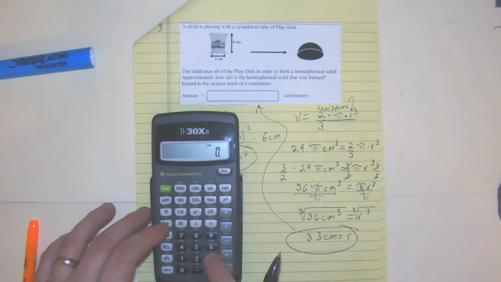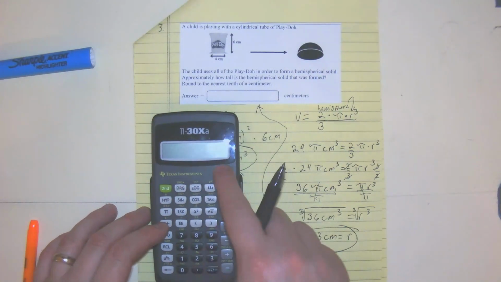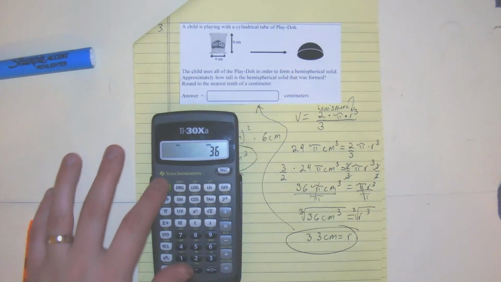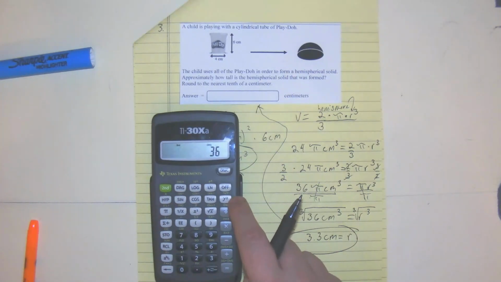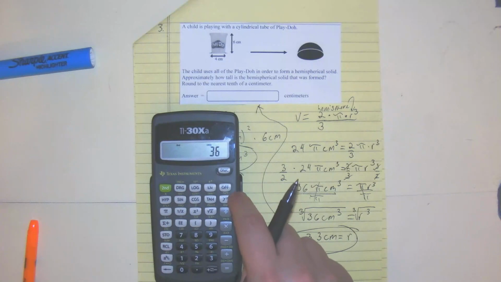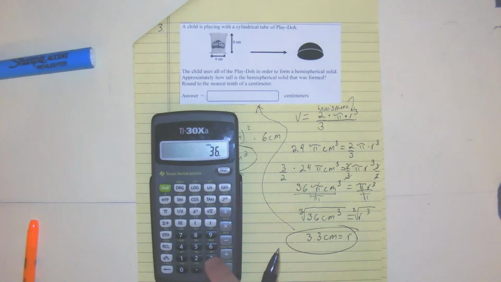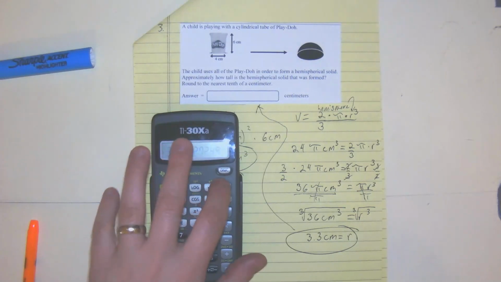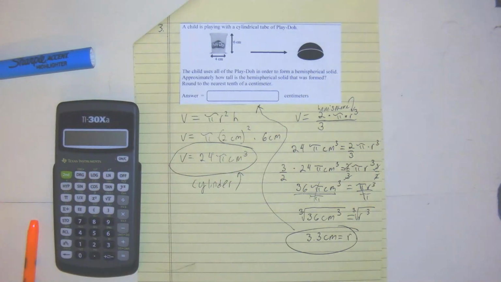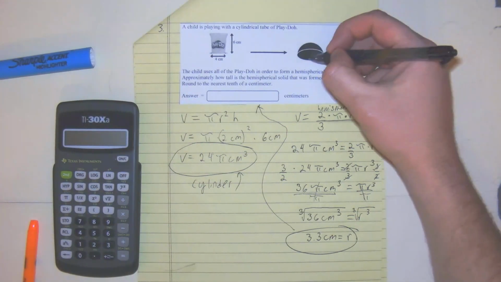Again, all you do in this calculator is 36, second, the root function, and then we plug in the index of 3, equals, and we get 3.3 centimeters is the height. Okay? Because the radius would go from the center.